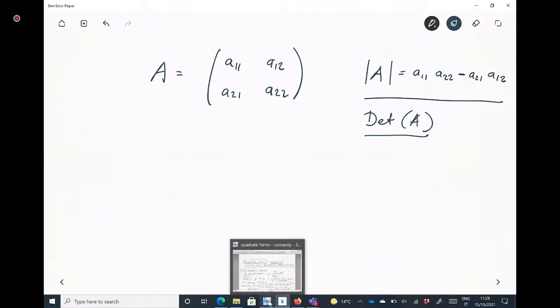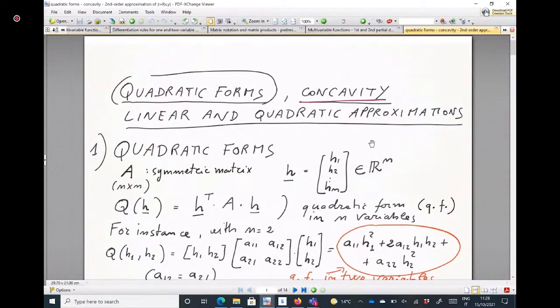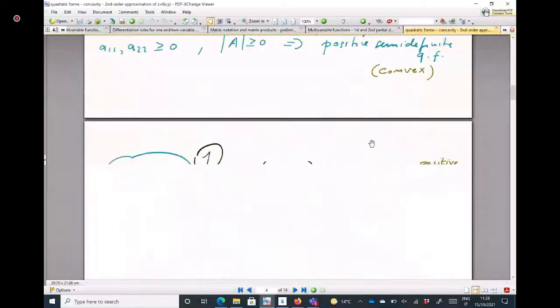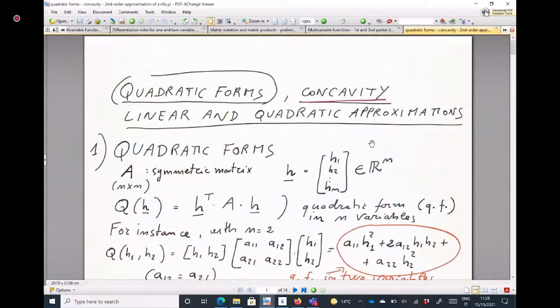Now, look at how the combination of a few concepts, quadratic form, Hessian matrix, and determinant, allows us to characterize concavity or convexity of two variable functions, and more generally also of n variable functions.